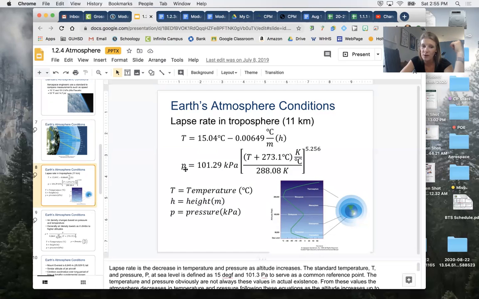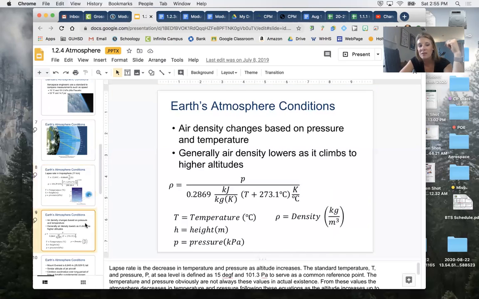This is pressure. I'm going to pop over to this one so you can see it is a very subtle difference. This P, that's pressure in the last one we were looking at. This little p right here with no little curly on the top is known as density. Most of what you are going to calculate is the density. In order to get the density, you're going to need your air pressure.